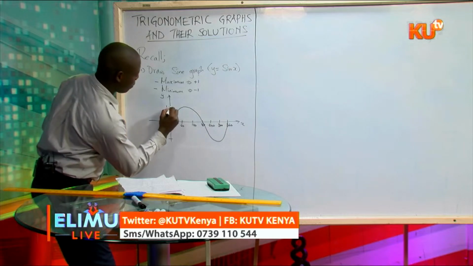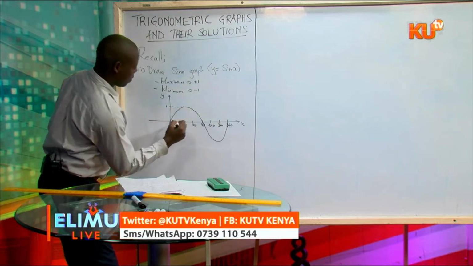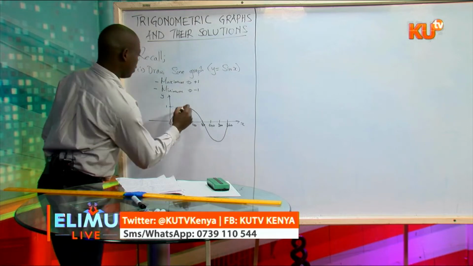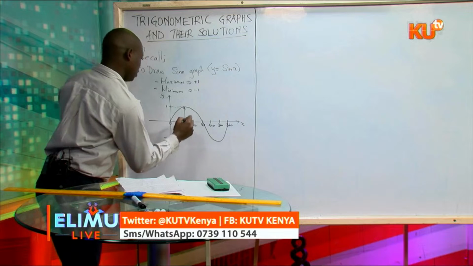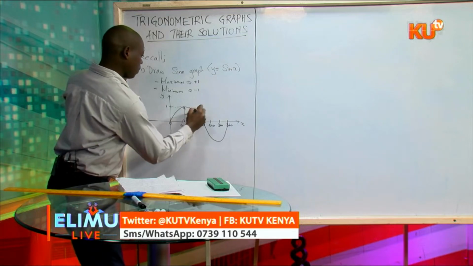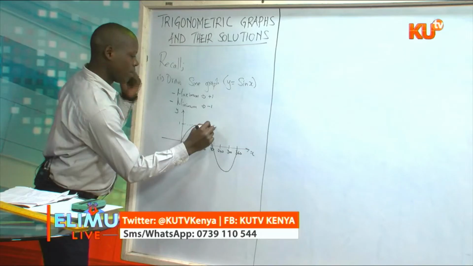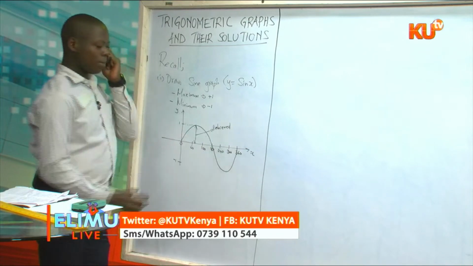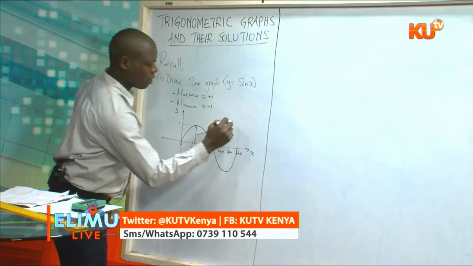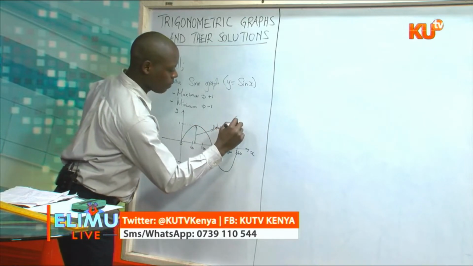And as you can see, the maximum value is positive 1. This is what you are calling the displacement of this wave. This is the displacement. And this displacement attributes to the first thing that we've said. We are calling this one the amplitude.